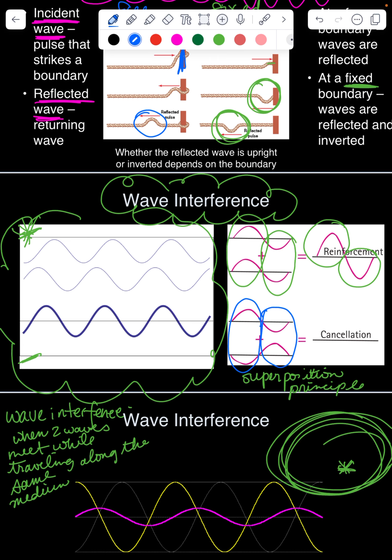So this would be a +1, this a -1, +1, and -1. Whenever those two +1s combine, that makes a +2. If those two -1s combine, that makes a -2. But down here, we have a +1 and a -1, and a -1 and a +1.